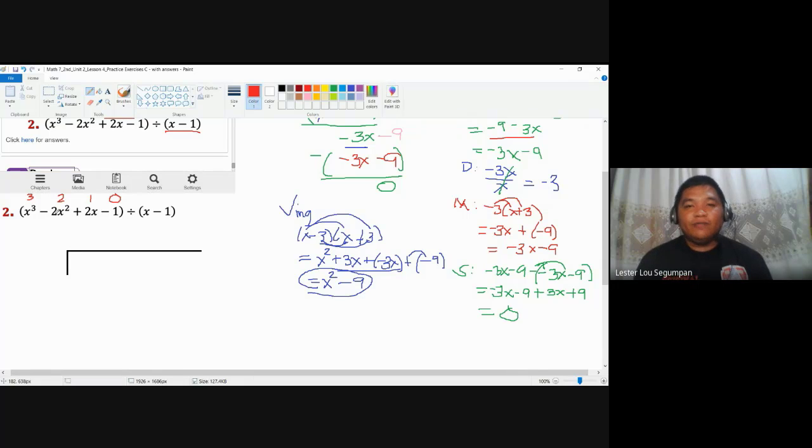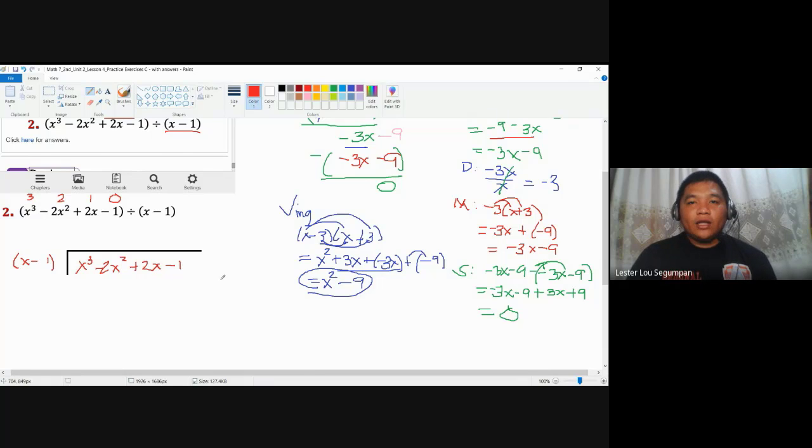So there's no need for us to place here any term that means nothing, or let's say 0x or 0x squared or anything like that. So we are just simply going to place the dividend here, x cubed minus 2x squared plus 2x, and minus 1. And place here the divisor x minus 1.